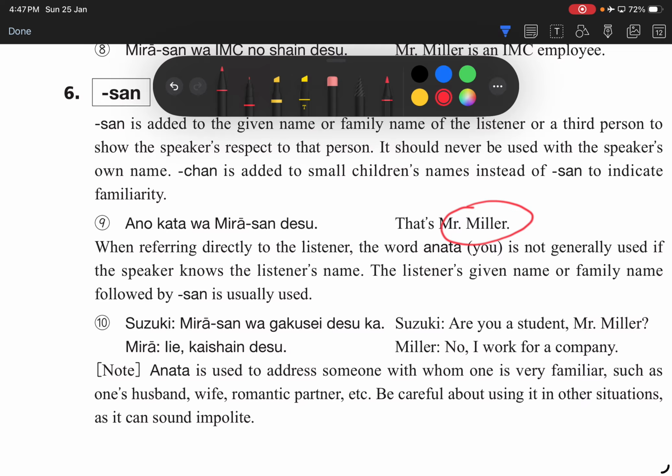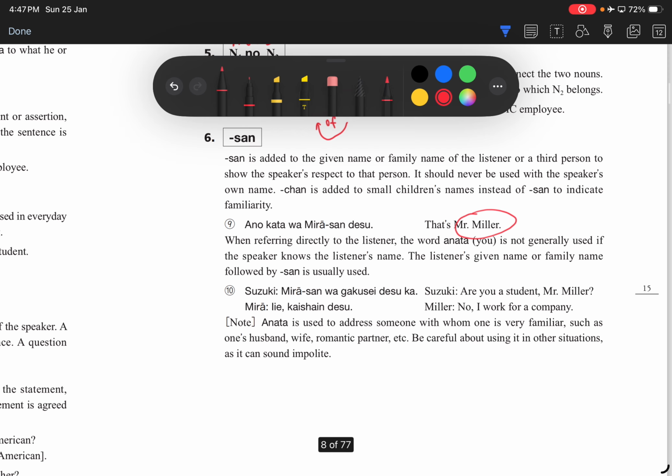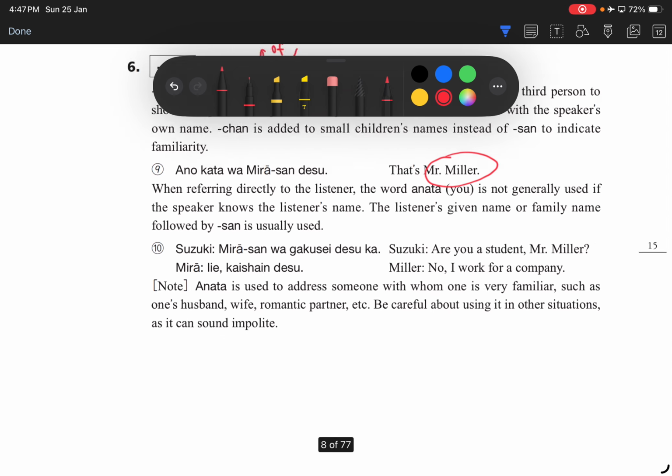For example, we say Li Xianlong, where Li is the surname, but in the Western world it becomes Xianlong Li. That's how it works for Japanese as well. In Japanese the first part is the surname, but in English the second part becomes the surname. Then you just put san to refer to them.